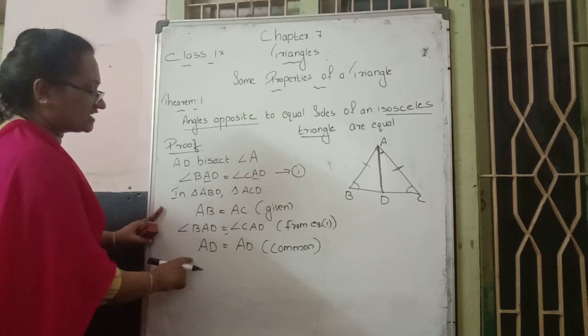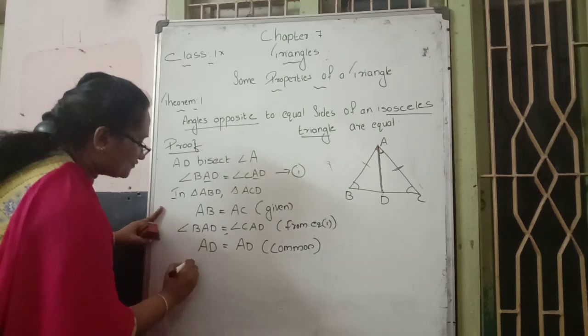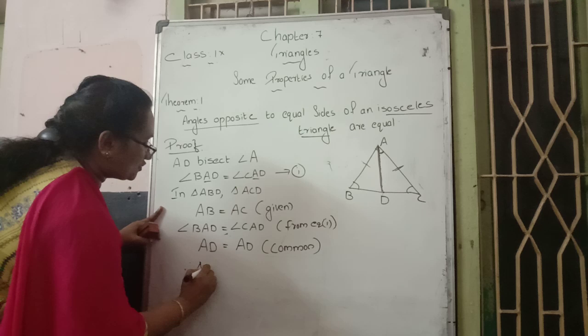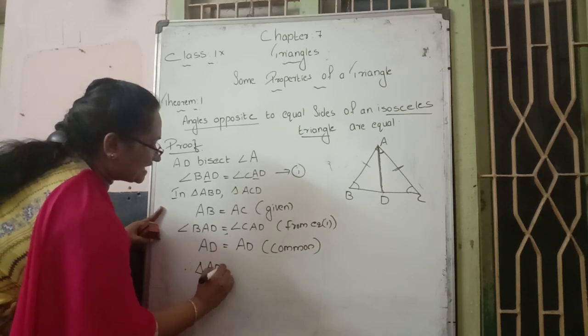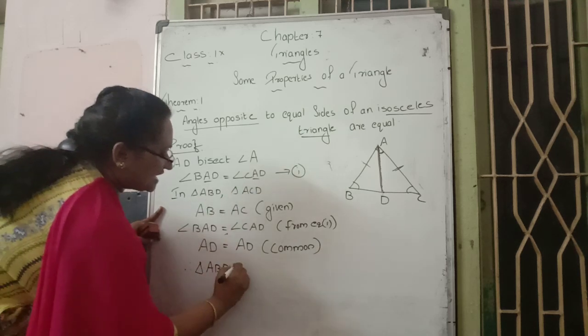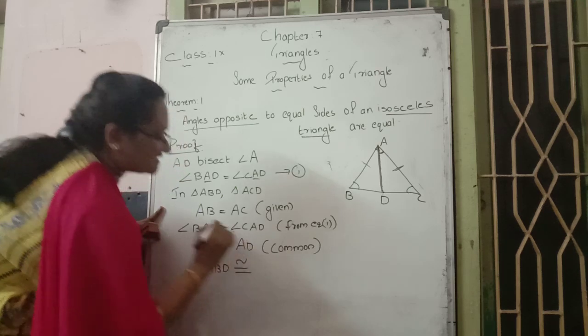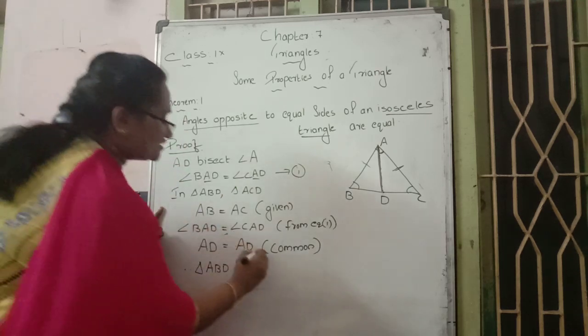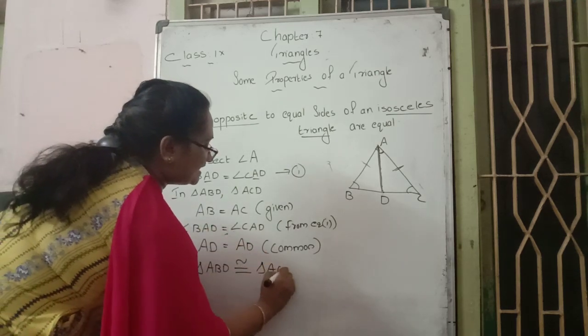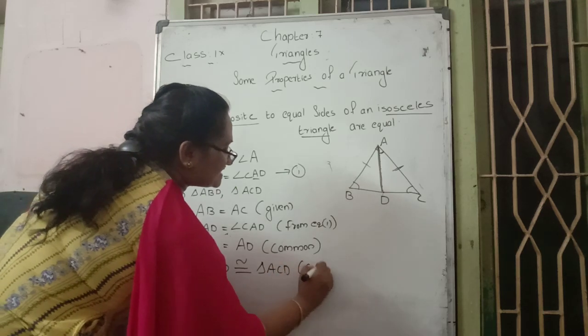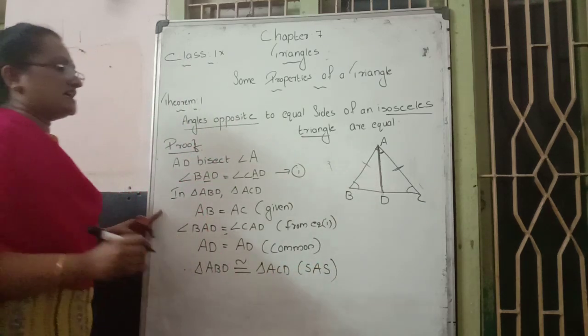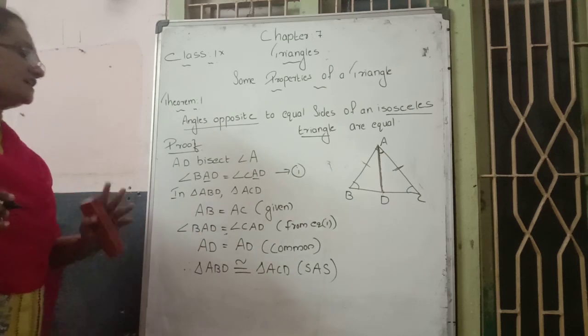So in this three-condition case, it is SAS. Therefore, we can say triangle ABD is congruent to triangle ACD, as we learned last class, by the SAS property.